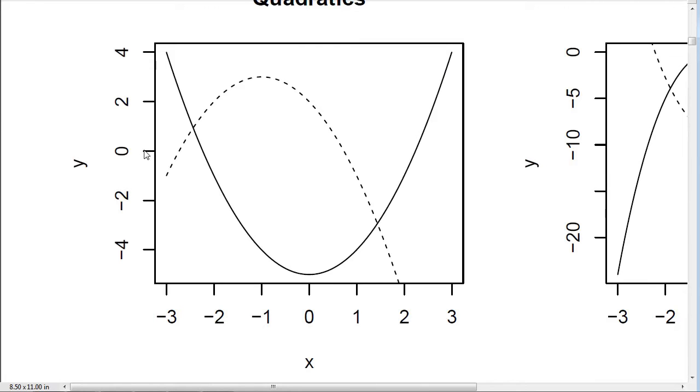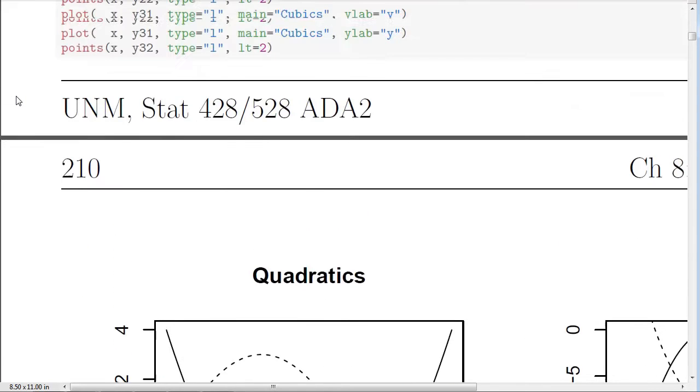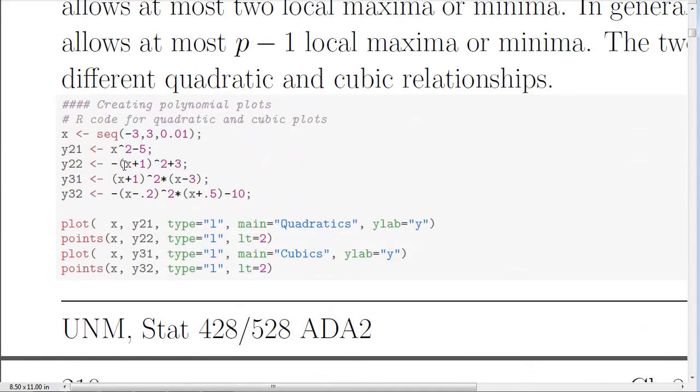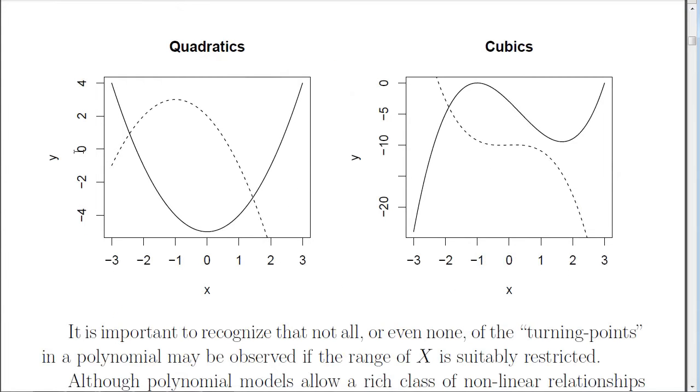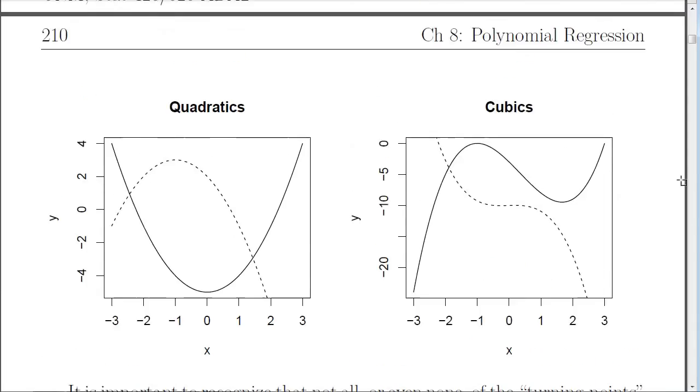The second equation, this dashed line, which is concave down, notice it's offset left and right. Its maximum is around x equals minus 1, and where the y value equals positive 3 right there. And so here we have an offset of 1, and positive 3 was the value of y there, and the minus sign in front of the x squared term gives us the concave down. All right, so this is all sort of review, I hope, in terms of writing polynomial equations.